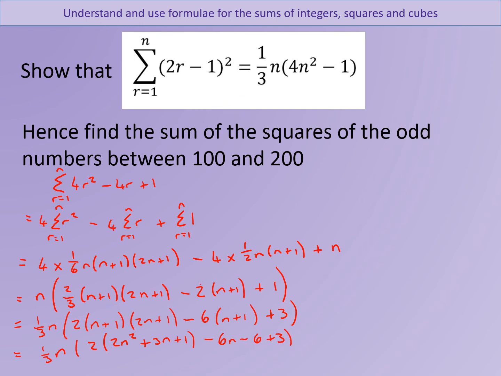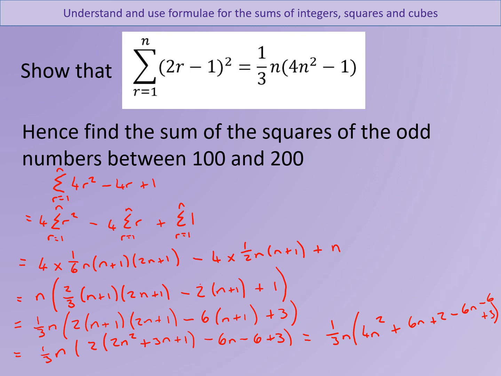So that becomes a third n. Okay, so we've got 4n squared here. We've then got plus 6n plus 2, minus 6n minus 6 plus 3.